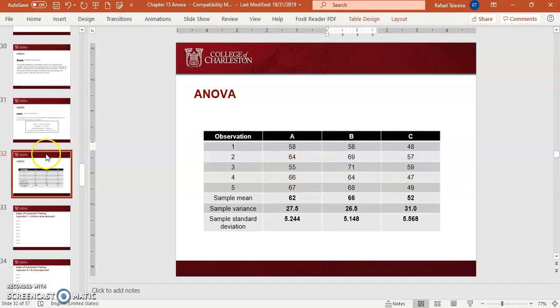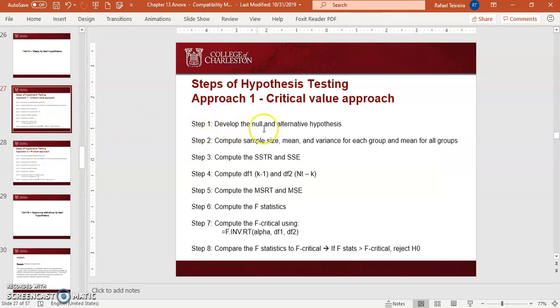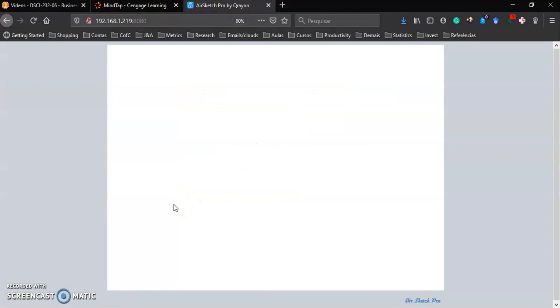Okay, and let's take a look at my proposed steps. Step 1: develop the null and alternative hypotheses. So let me show you what the null and alternative hypotheses are.